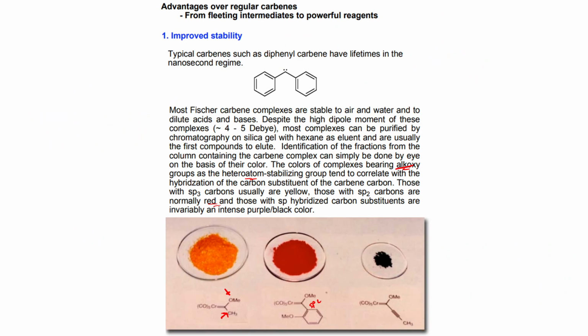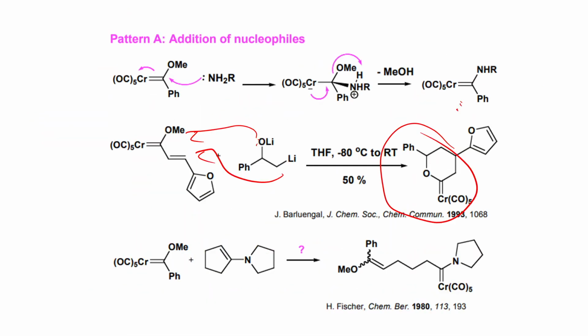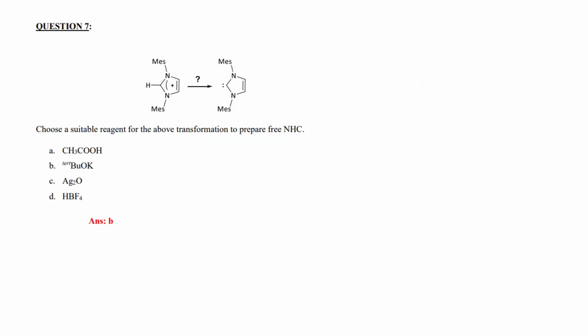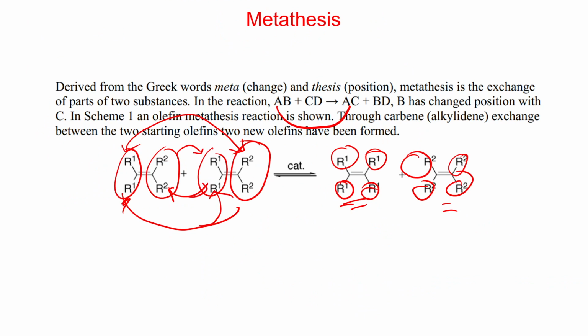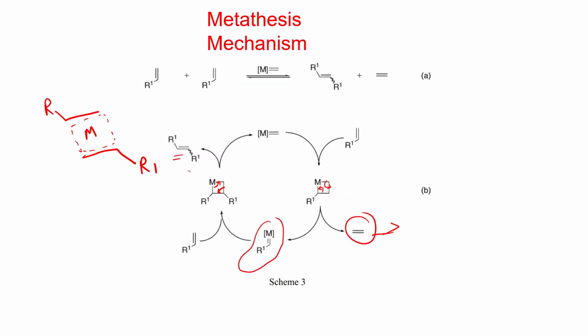Then we discussed carbenes. After that we have the metathesis reaction. Again, this particular carbene, the metal carbene, is used for this kind of metathesis reaction. It is a partner exchange, you can say AB plus CD. So cross metathesis.